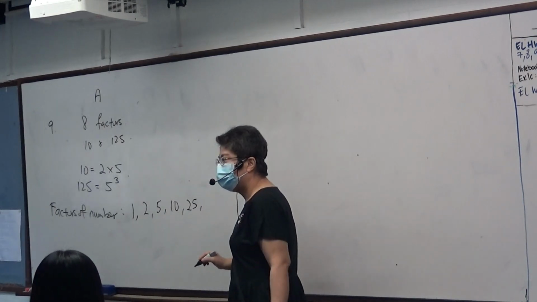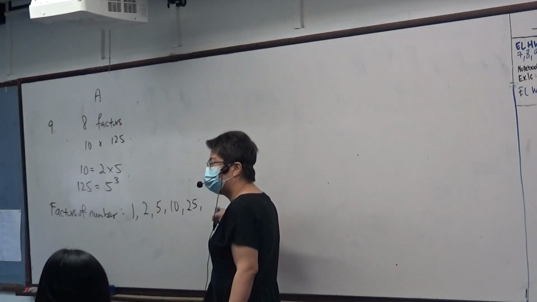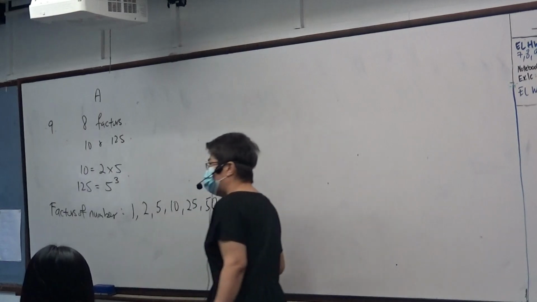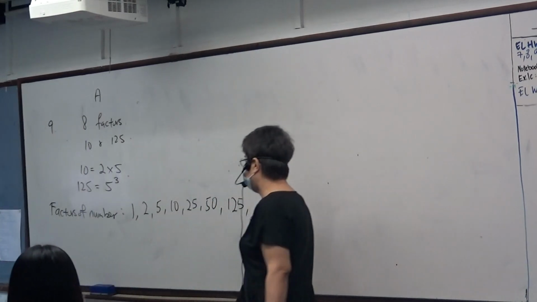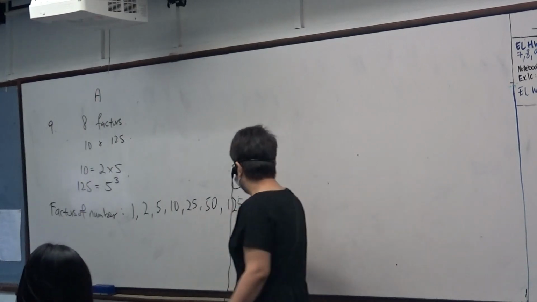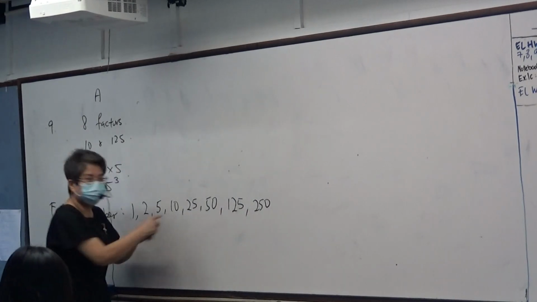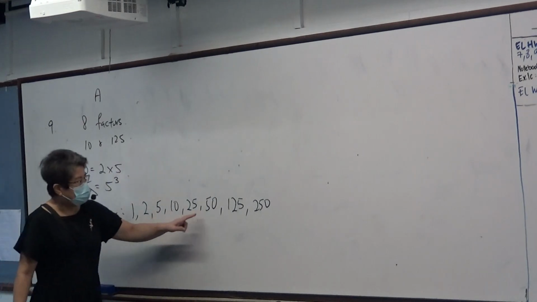What else? 50. Good. Some more. 125. 250. Now we check, 2 times 125 is 250, right? Then we count how many factors? 1, 2, 3, 4, 5, 6, 7, 8.